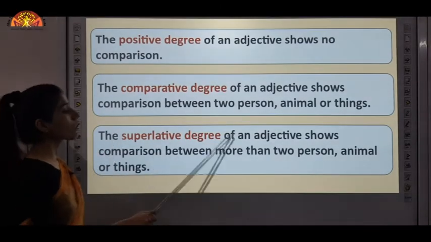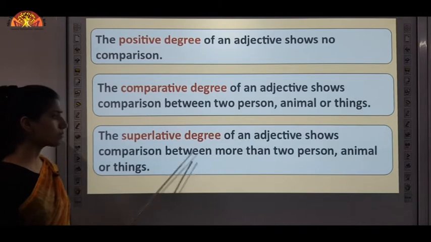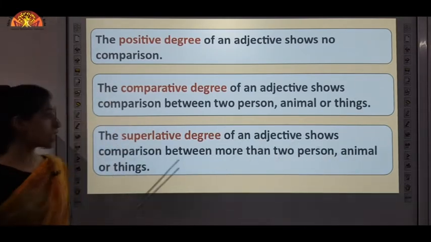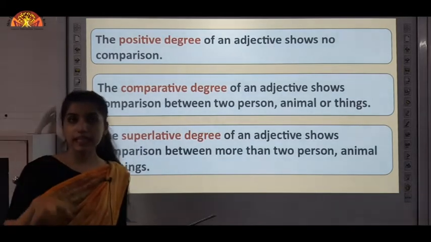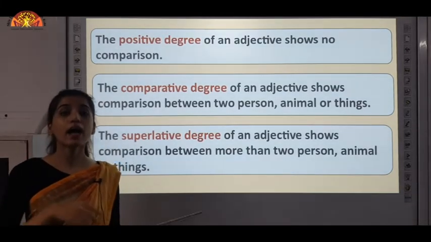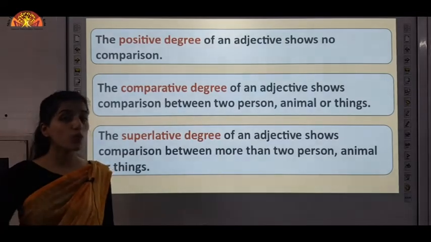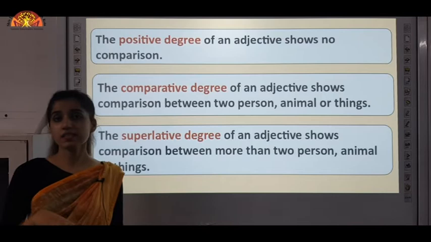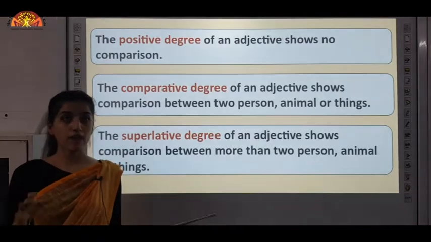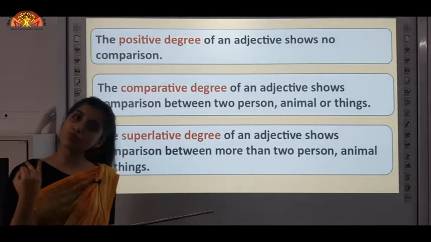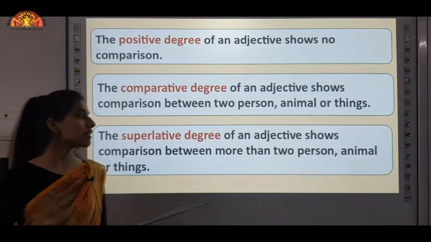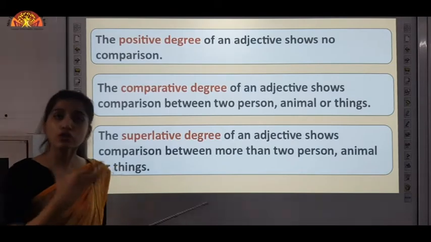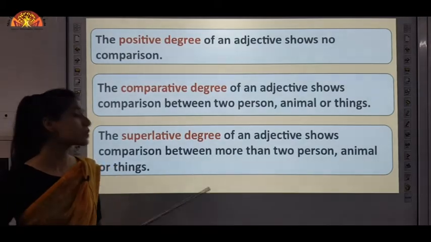Now the superlative degree of an adjective shows comparison between more than 2 persons, animals or things. In the superlative degree, I am comparing among all of you, like more than 2 persons or animals or things or places, or I can simply call it a noun. If I am comparing among all of you, then what type of degree will I use?